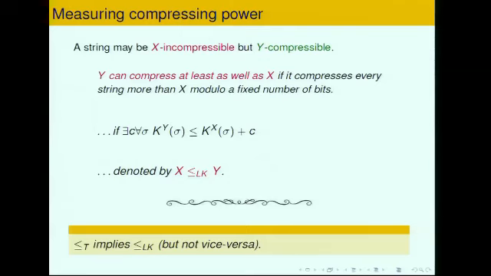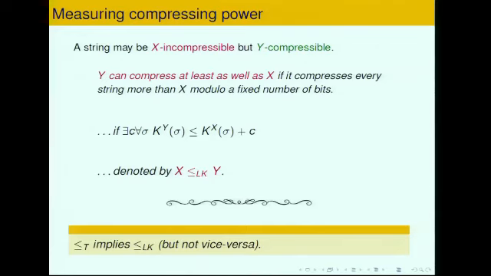So in this way, some strings may be incompressible with respect to x, but compressible with respect to y. For example, they may be random relative to x, but non-random relative to y.